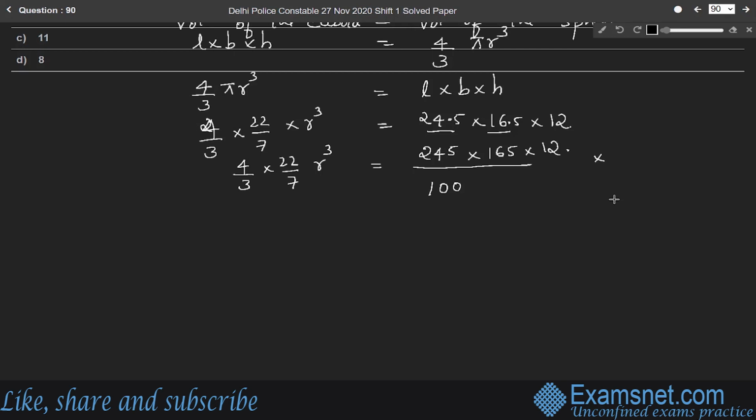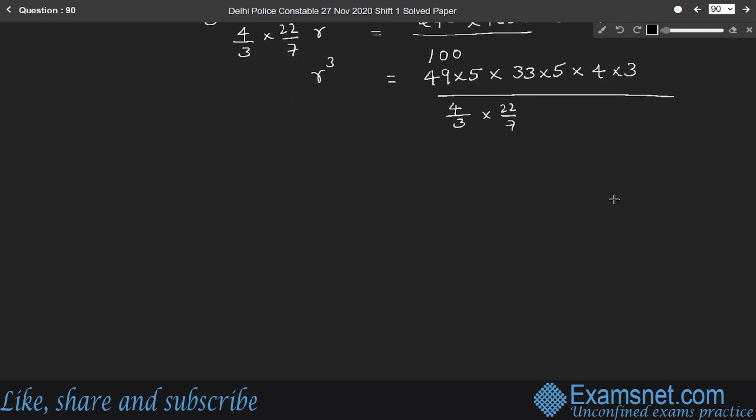Still we have to simplify r cube, as here 245 can be written as 49 into 5, and 165 can be written as 33 into 5, and 12 can be written as 4 into 3, divided by 4 by 3 into 22 by 7.